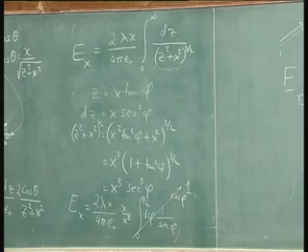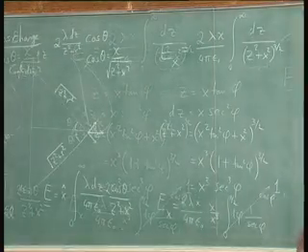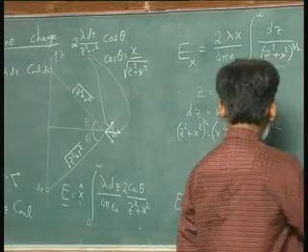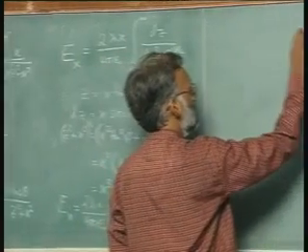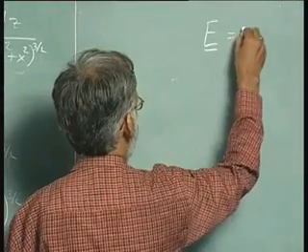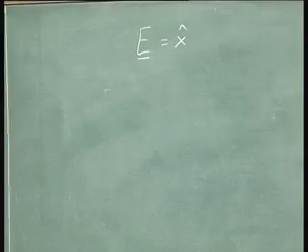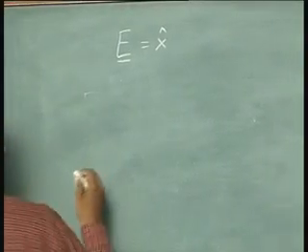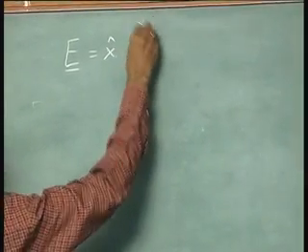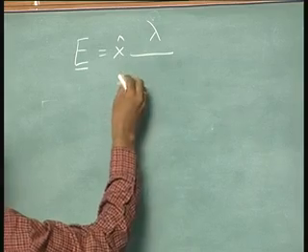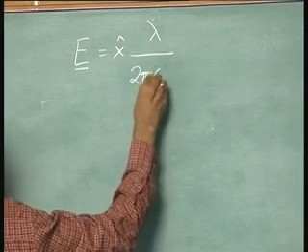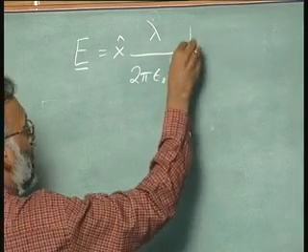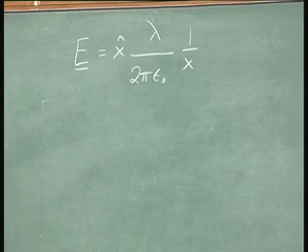Let me make sure I have got the right answer. So, what you get at the end of it all is that the electric field is along the x direction. You get an x squared divided by x cubed. So, lambda divided by 2 pi epsilon naught times 1 over x.